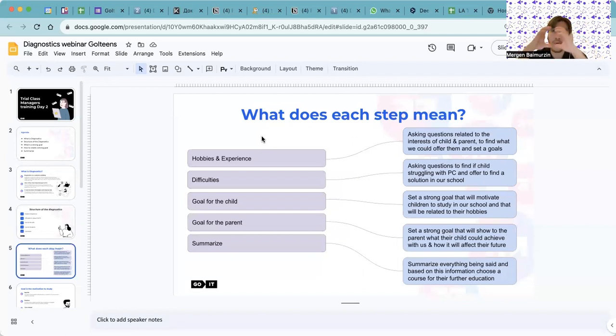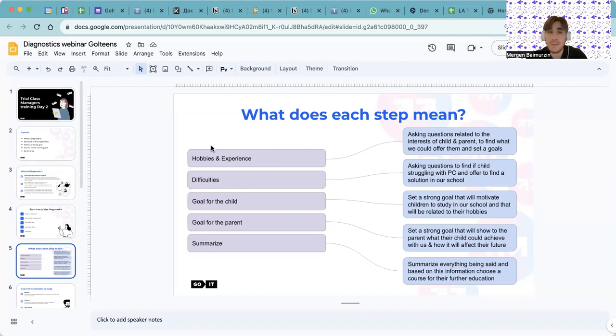Diagnostics is a process of questions that you're asking both to the child and to the parent. So here, for example, for hobbies and experience, we can ask both parent and the child. Hobbies, we can ask the child: what do you like to do in your free time? And for the parent, we can ask, for example, Marcus, have you ever had programming experience before?